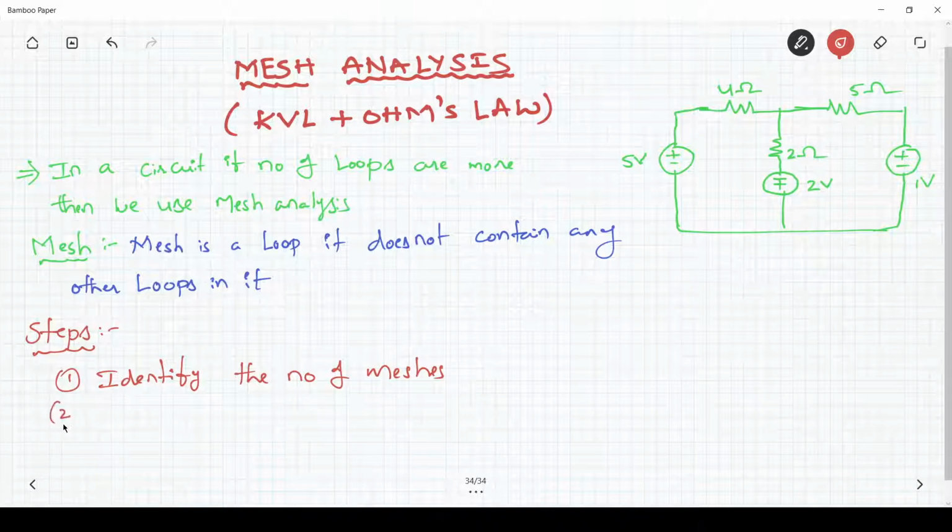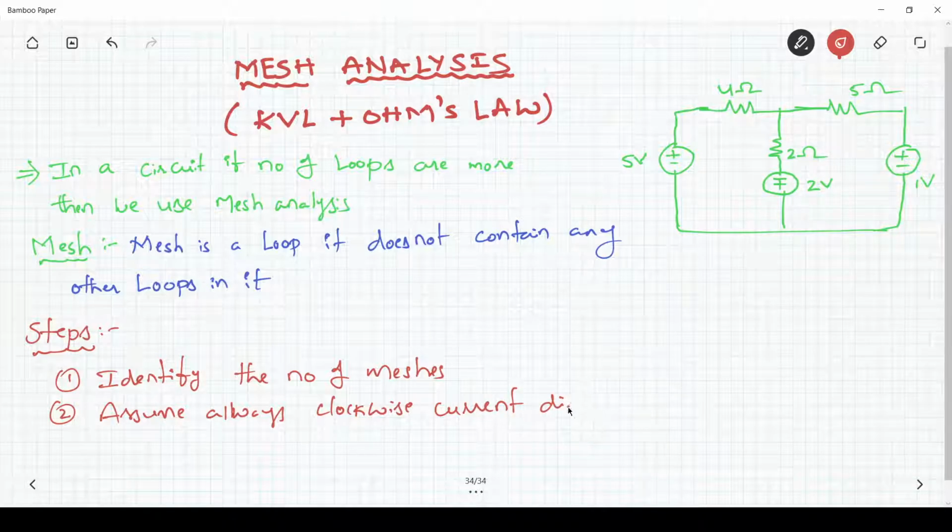Second step is assume always clockwise current direction in meshes. That is, current is flowing in a mesh in a clockwise direction.